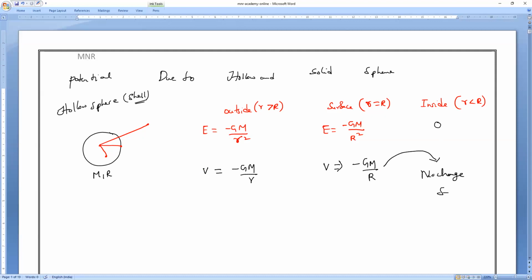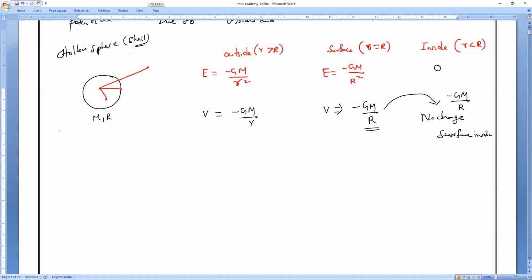That is, we can say minus GM by R, that is the V. So V remains the same from the surface to the inside. First I will finish the derivation of this and the graph, and then we'll proceed further. So, derivation for hollow sphere.